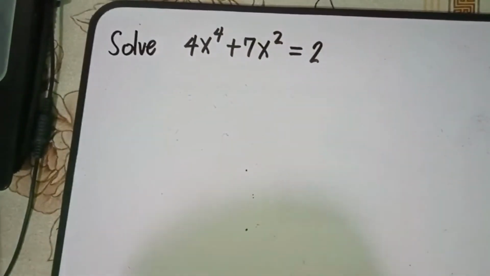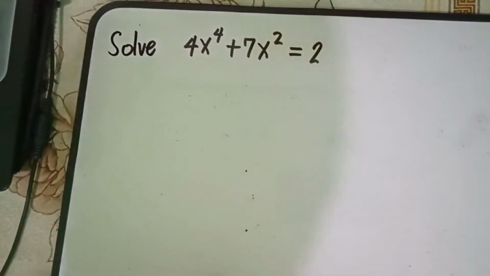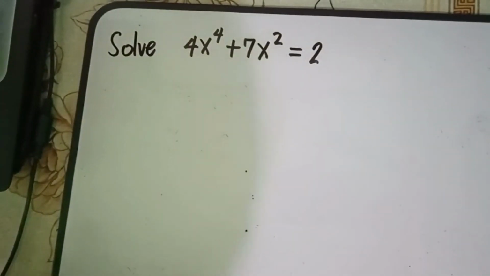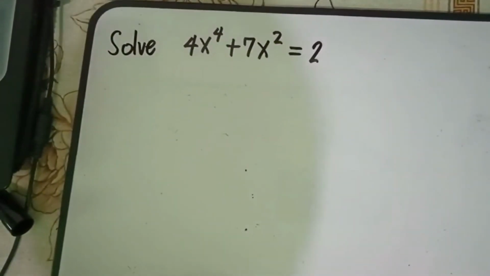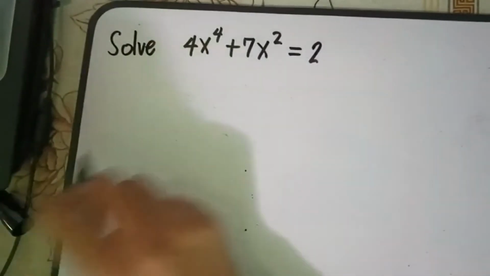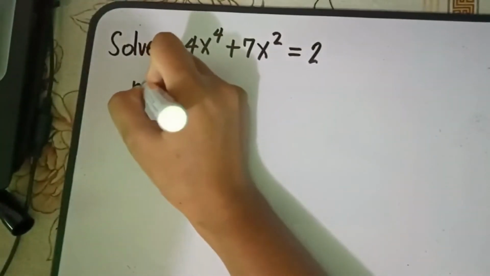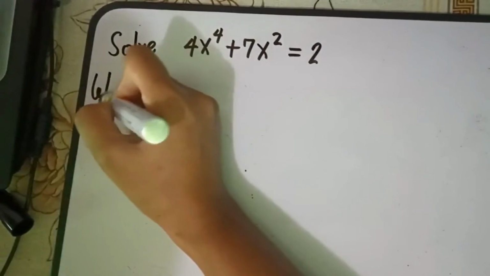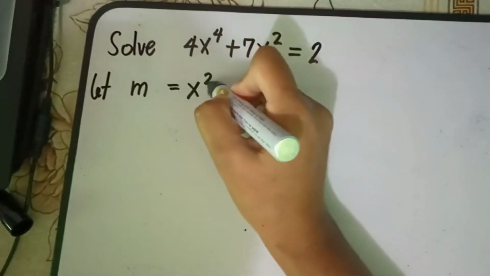Okay. What if we have this? Solve 4x raised to 4 plus 7x squared is equal to 2. So again, we can let, ano bang gusto nyong letter para maging variable natin? Let us say m. Okay. Let m be equal to x squared.